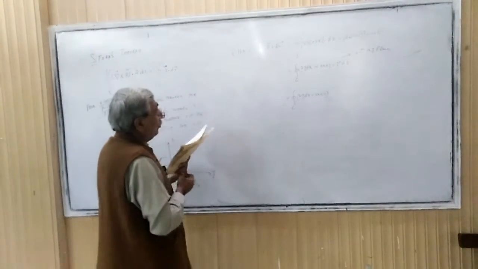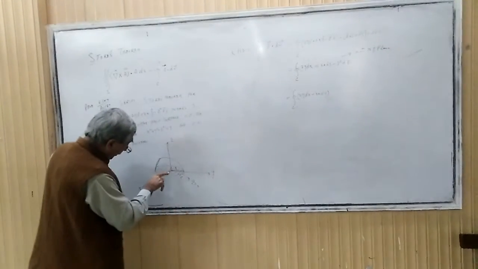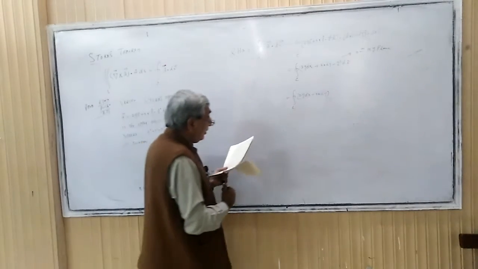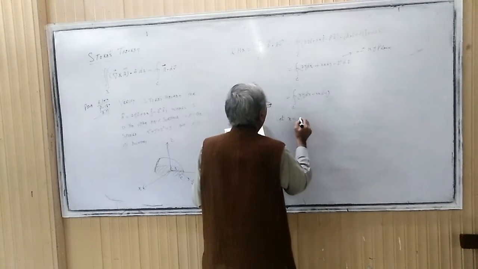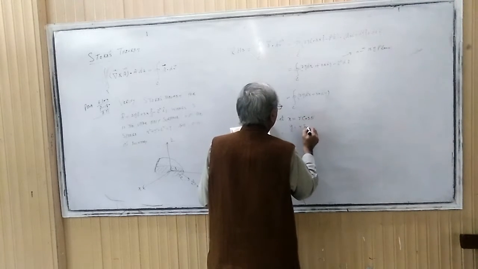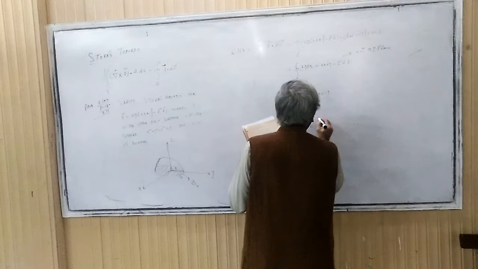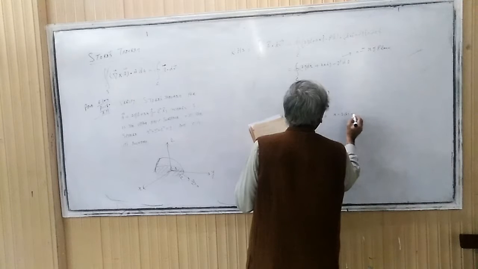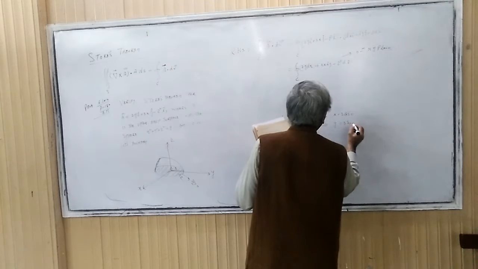In order to solve this, it is easy to use a parametric equation, because you know the radius of this circle is 3. So you can take polar coordinates. Let x be equal to r cosine theta and y equal to r sine theta. R is equal to 3, so x is equal to 3 cosine theta and y is equal to 3 sine theta.